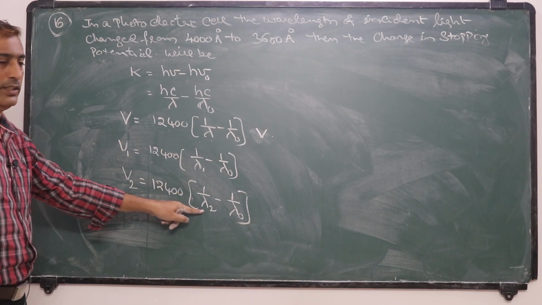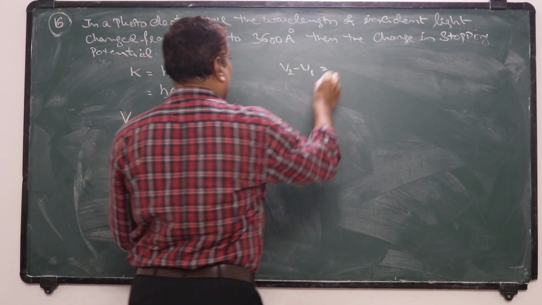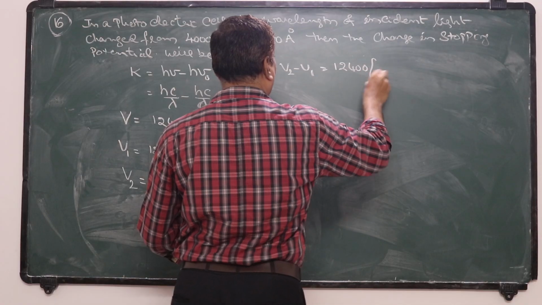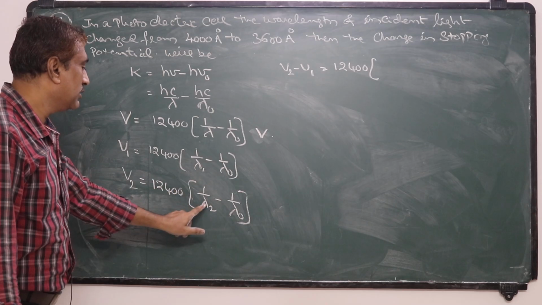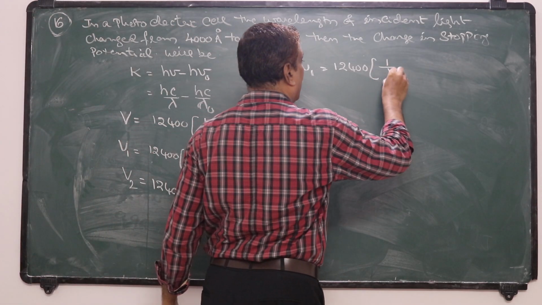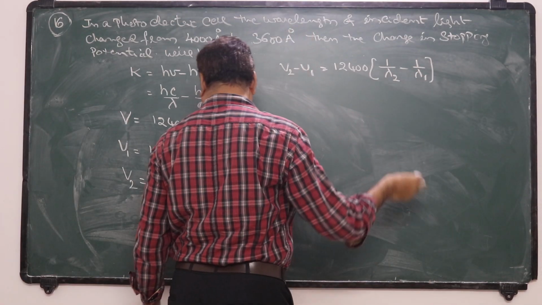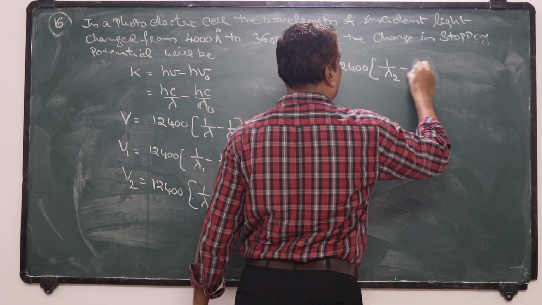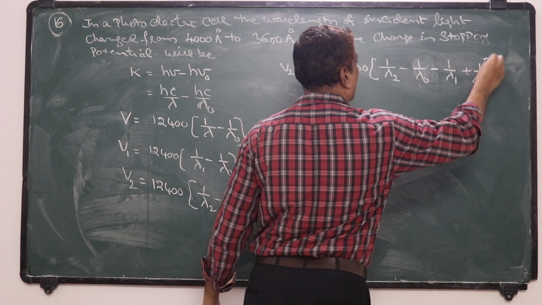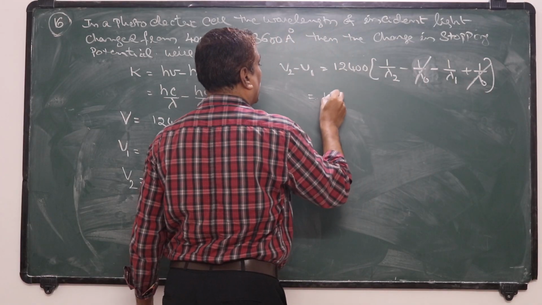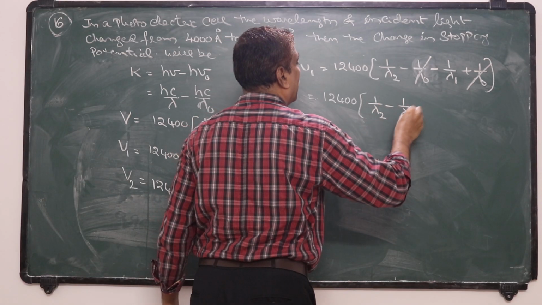So V2 minus V1, 12400 is a common term, and the 1 by lambda 0 terms get cancelled. So it is 12400 into 1 by lambda 2 minus 1 by lambda 1.